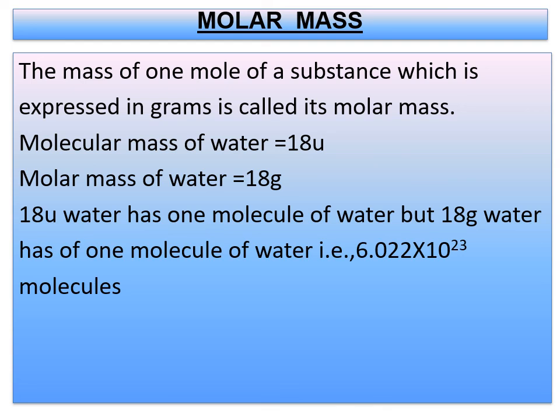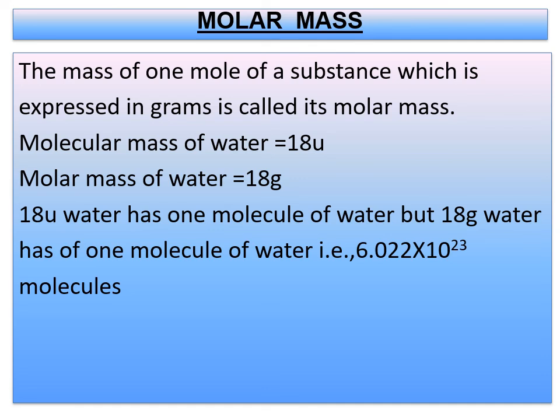We know the molecular mass of water H2O is 18 u. The molar mass of water will be 18 g. That means 18 u of water is 1 molecule of water, but 18 g of water consists of 6.022 into 10 power 23 molecules.